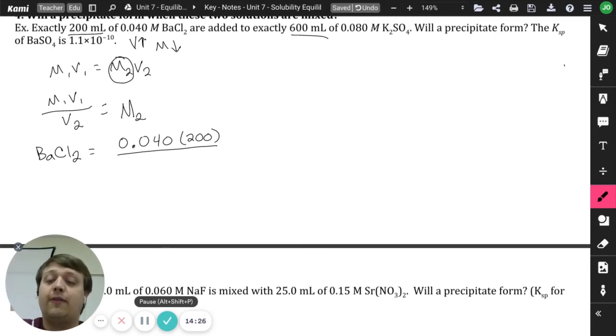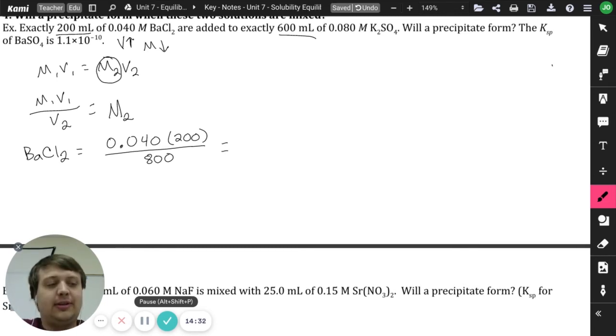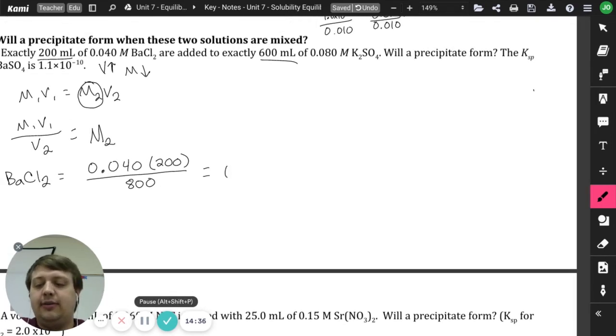So my final volume is actually 800 milliliters. Okay, so I take that, I plug that into my calculator, and I find that my new concentration is 0.01 M for BaCl2.